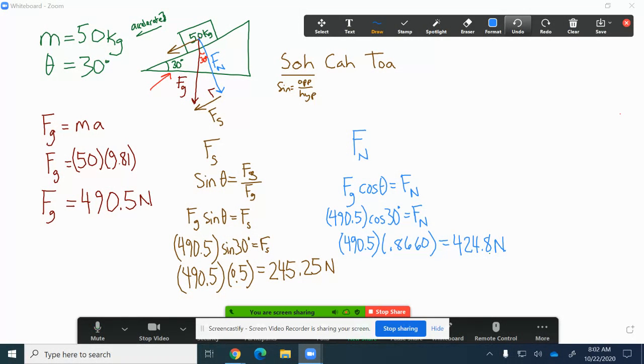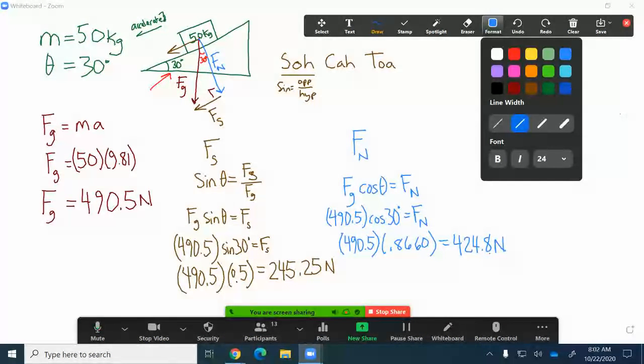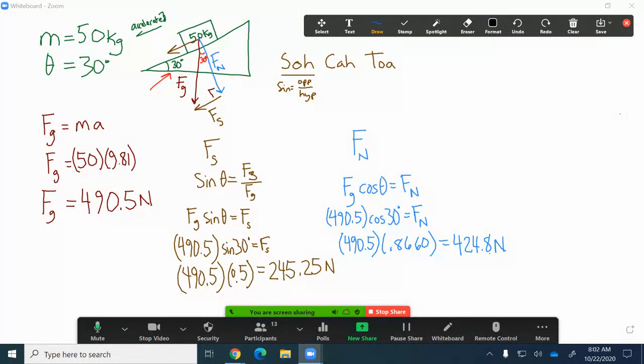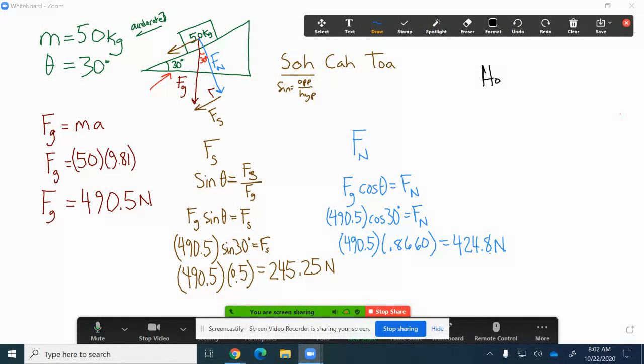Now, the last piece of this is to figure out the acceleration of the sliding. So the final question is the original question. How fast will this block accelerate on a frictionless ramp?